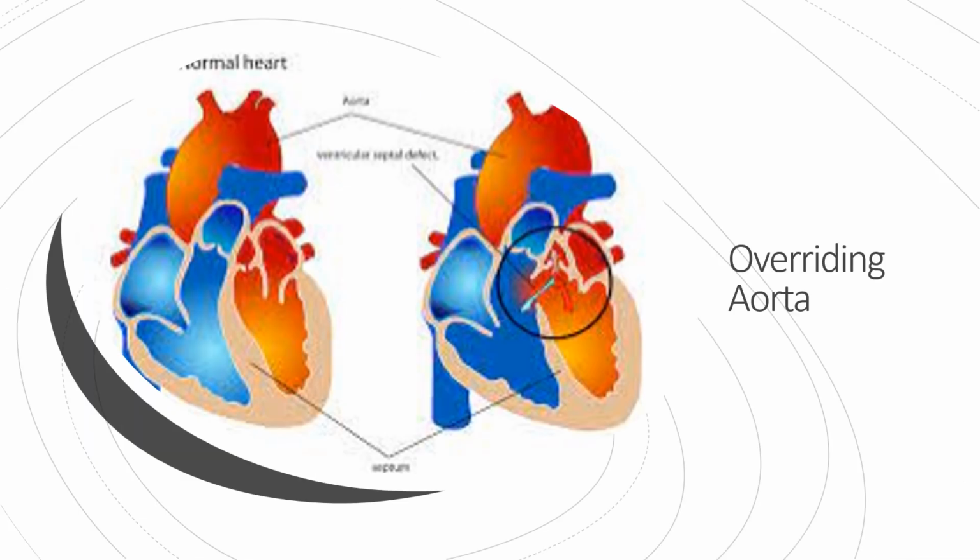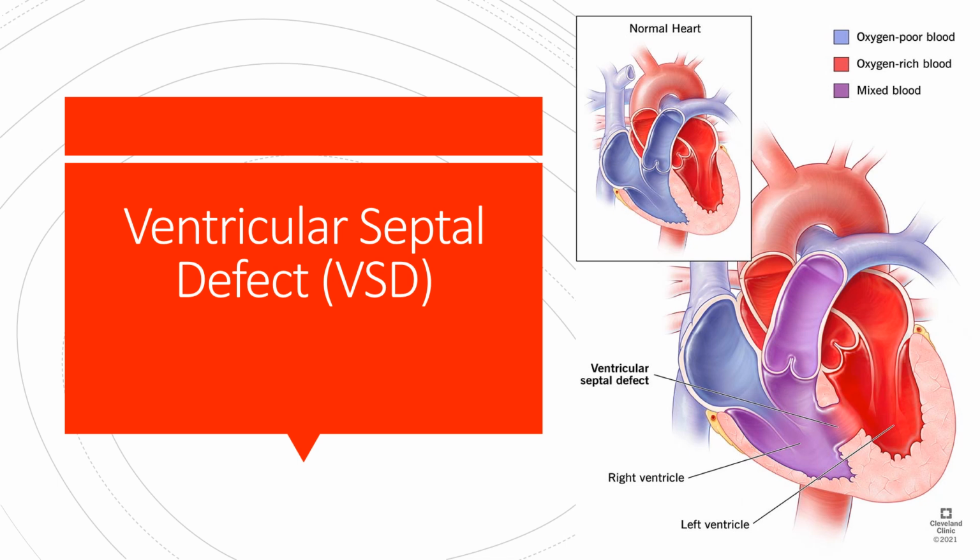And then you have the overriding aortic arch. This arch overrides both the right and left ventricle, and that means you have mixed blood going out into the body. Here is the normal heart, where the pulmonic arteries and the aorta are completely separated. And then you have your VSD.